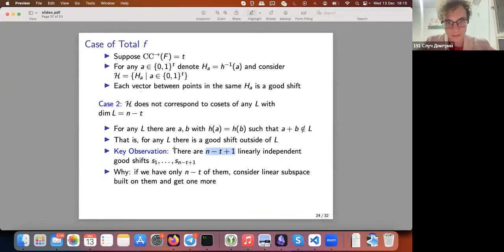For each subspace, there is a shift outside of this subspace. Suppose we have only n minus t linearly independent shifts. Then we take a subspace which contains all of these shifts, and there exists some shift outside of that space. That means we found n minus t plus 1 shifts.